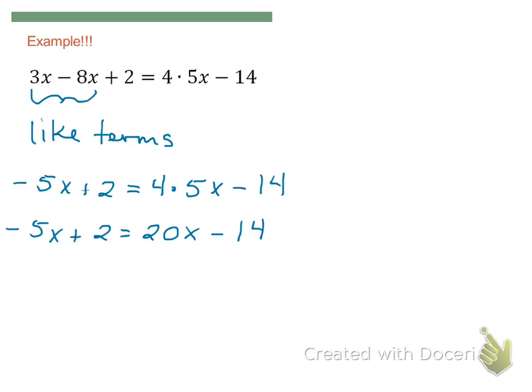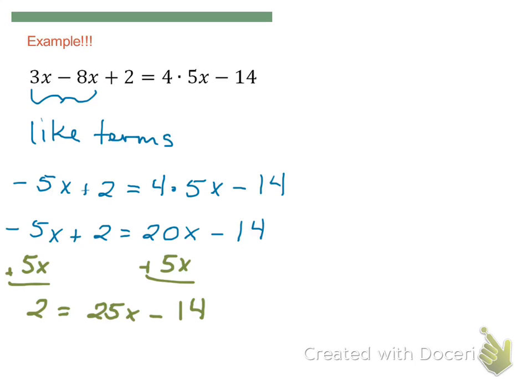The way I do that is by canceling it on the side it is. You cancel by doing the opposite operation. Since this is negative 5x, I add 5x to both sides. That will cancel the left side's negative 5x. So now I have 2 equals 25x minus 14, because 20x plus 5x is 25x.